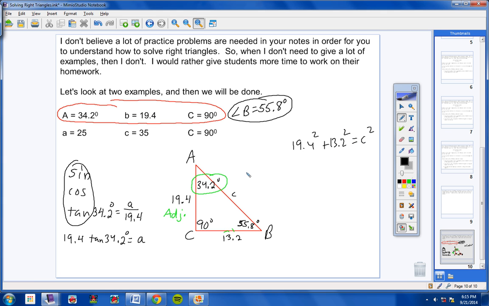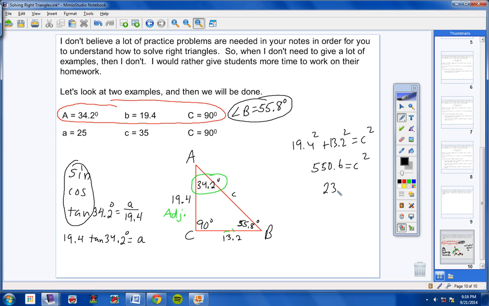And then very quickly, I'm just going to type in 19.4 squared plus 13.2 squared equals, and I'm getting this number here, 550.6 equals C squared. Hopefully I didn't type in anything wrong. Go ahead and take the square root of both sides, and you're going to get 23.46486736. I'm just going to put 23.5.